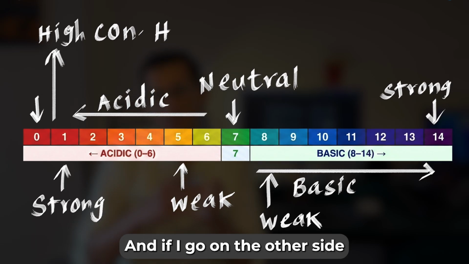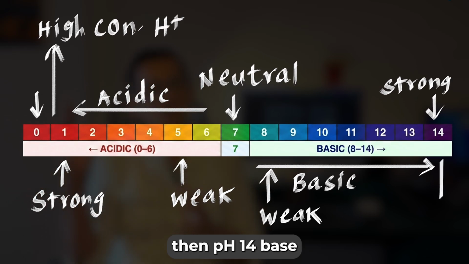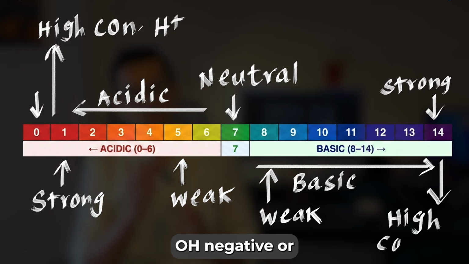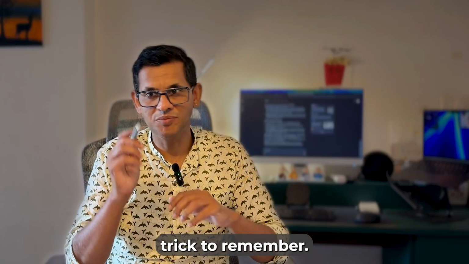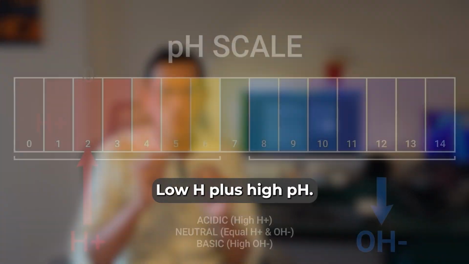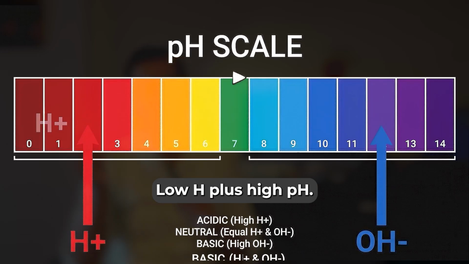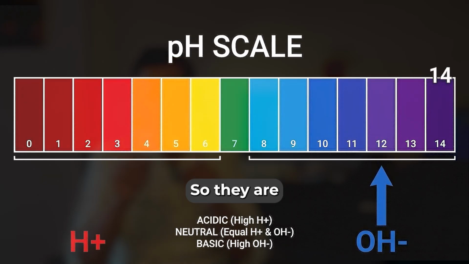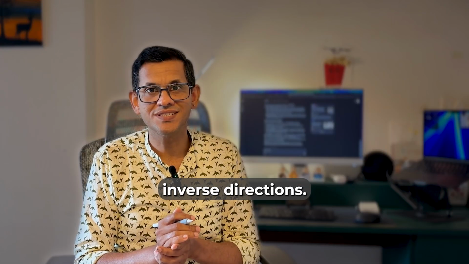And if I go on the other side, then a pH 14 base will have a very high concentration of OH negative or hydroxide ions. So here is the exam trick to remember. Think about opposite directions. Low H plus, high pH. High H plus concentration, low pH. So they are both moving in inverse directions.